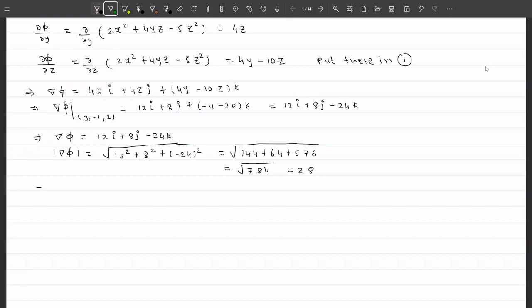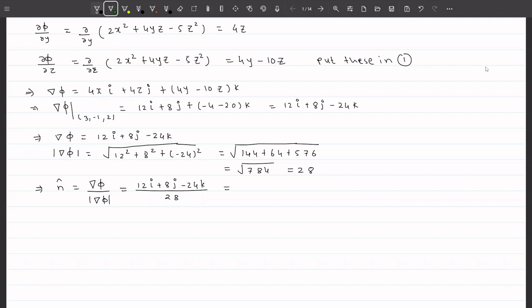So what is the formula for n cap? It is the gradient of φ upon the modulus of ∇φ, so it is (12i + 8j - 24k) upon 28.